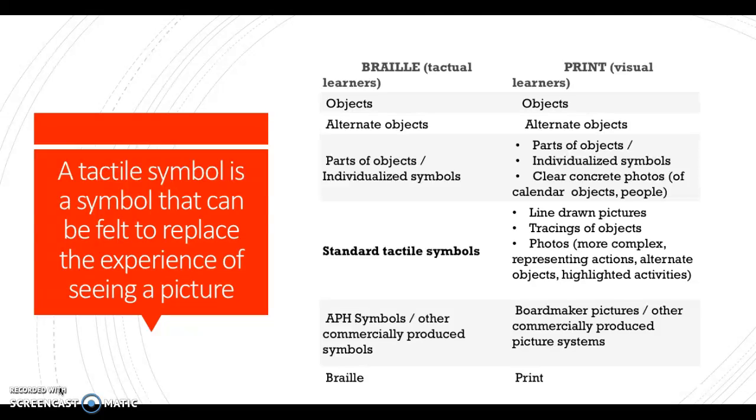The final part of the slide discusses the APH symbols and commercially available symbol sets, and whereas the print person might use Boardmaker or other photographs, different symbols that way.